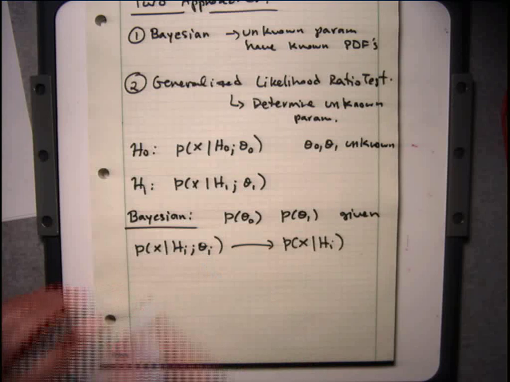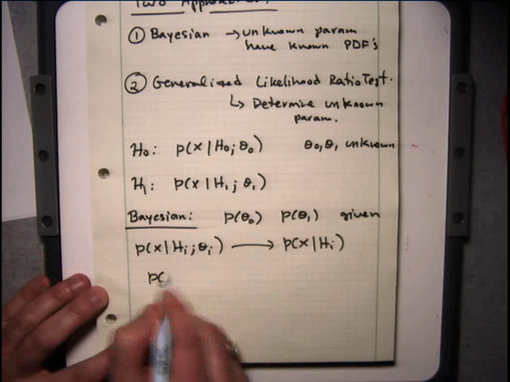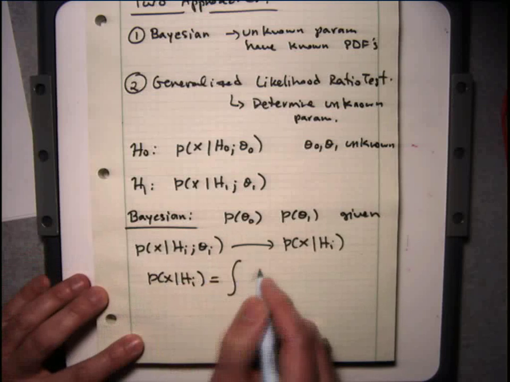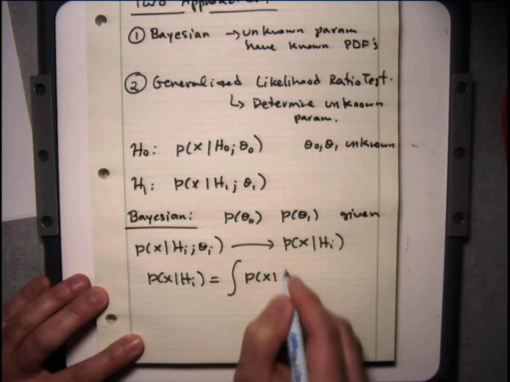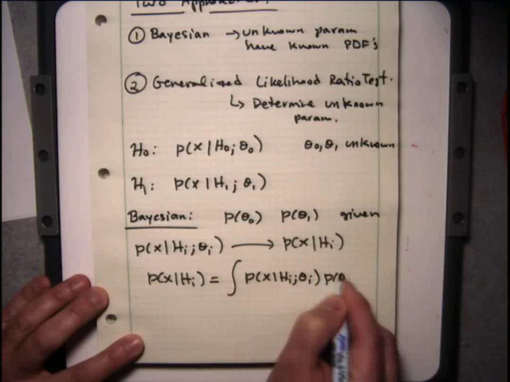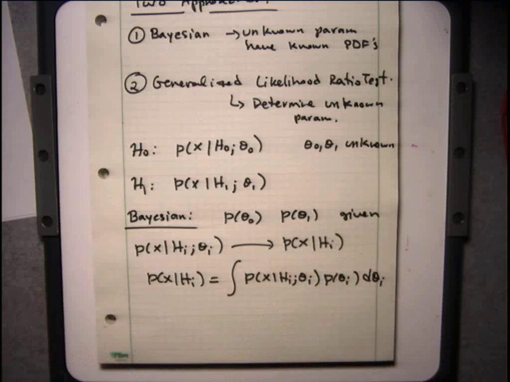Well, the easiest way to do that, or really the only way, is that P of X given H_i is the integral of P of X given H_i and theta_i times P of theta_i d theta_i. Basically, we marginalize the unknown parameter. We use the fact that we know something about it. We just get rid of its effect by integrating it out.